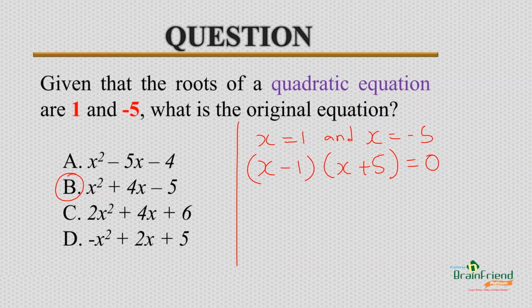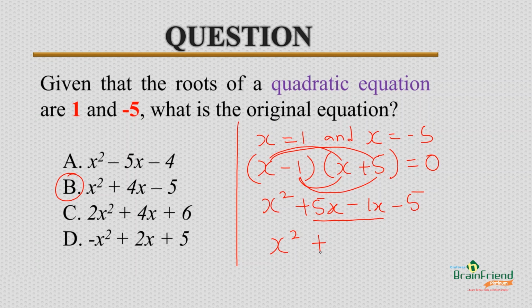By expansion, we have x squared, this times this, and then plus 5x, which is this times this, and then minus 1x, and lastly minus 5. By collecting like terms in the center, we have x squared now plus 4x minus 5, which is our option B.